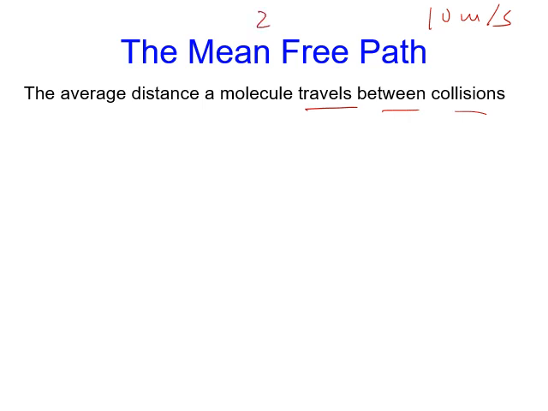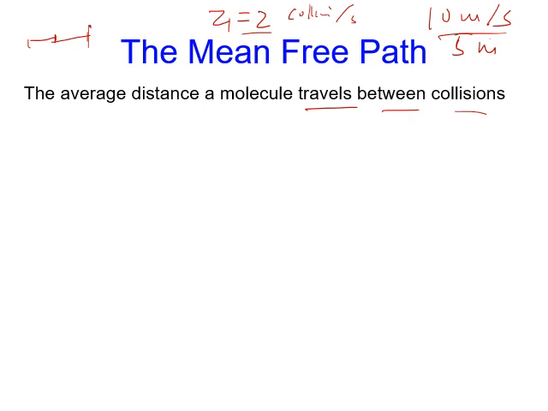So 2 collisions per second, that's the collision frequency, Z is 2. What is the average distance a molecule travels between these 2 collisions? It must be 5 meters. When it travels 5 meters, it makes a collision, and then travels another 5 meters and makes a collision. So in 1 second, it makes 2 collisions and travels 10 meters.